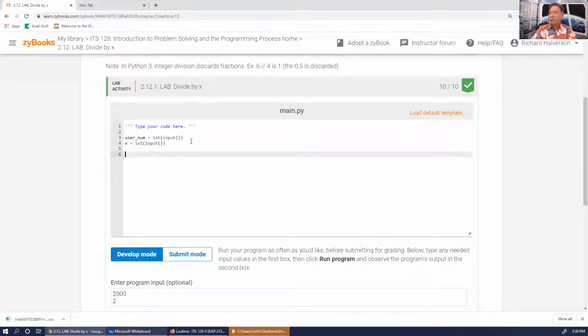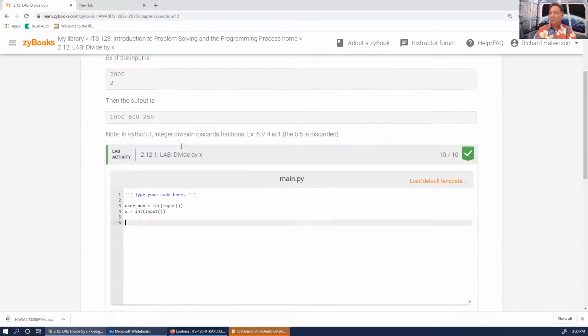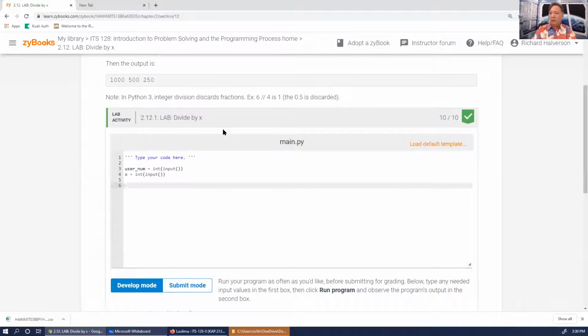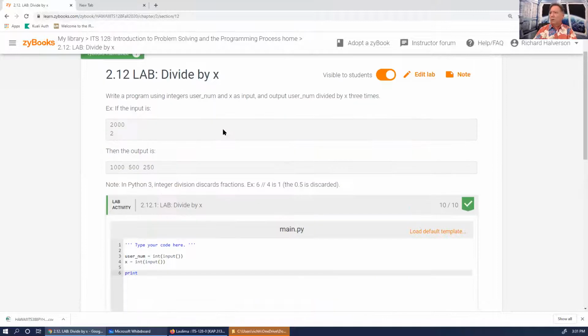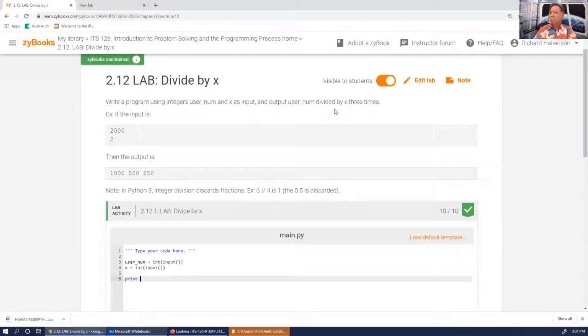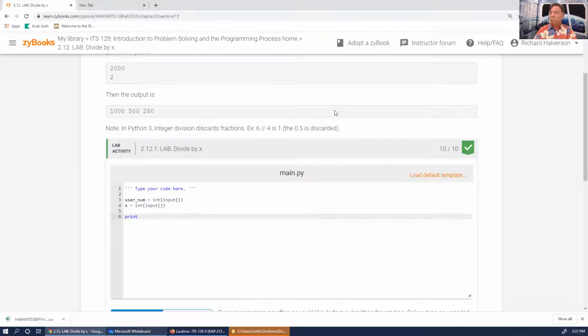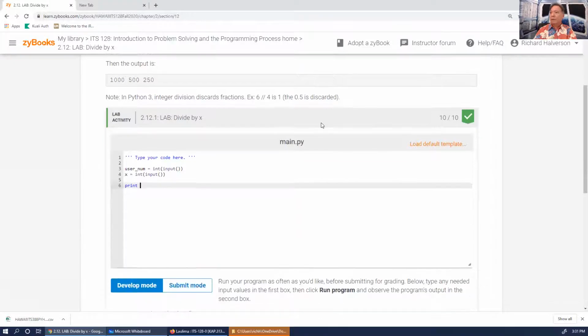And then you're going to print out x. Here, I'm just going to do it this way.